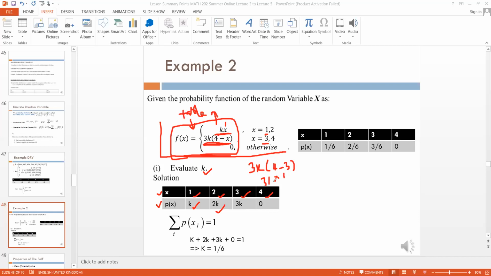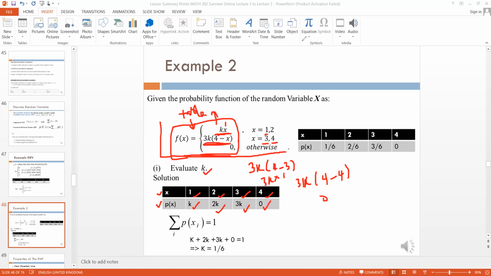So we still end up with 3k. Then finally, if x is 4, we get 3k into bracket 4 minus 4. And we know that 4 minus 4 is 0, so 3k times 0 will be 0. So the probability here will be 0.